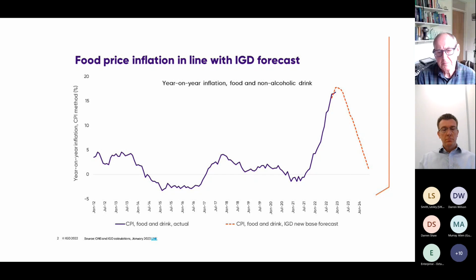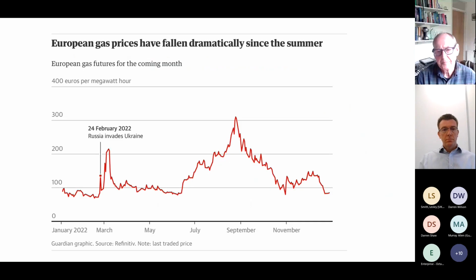Now, the next slide is really important. This is the price of gas in Europe. And despite Brexit, we are in Europe. And you'll see that the price of gas has now dropped to the pre-Ukraine invasion level. And this is really important because it has been energy prices that have really hit households across Europe.